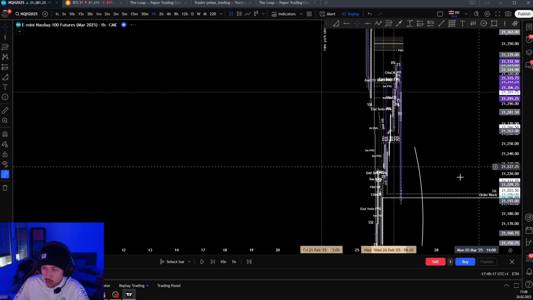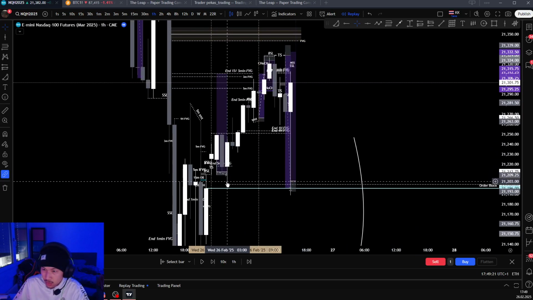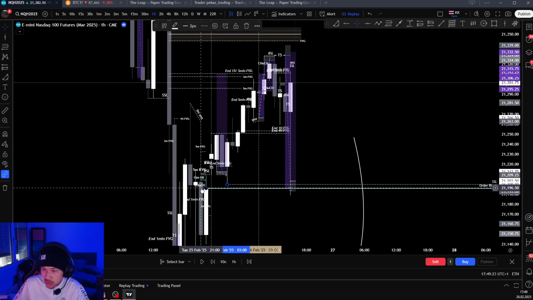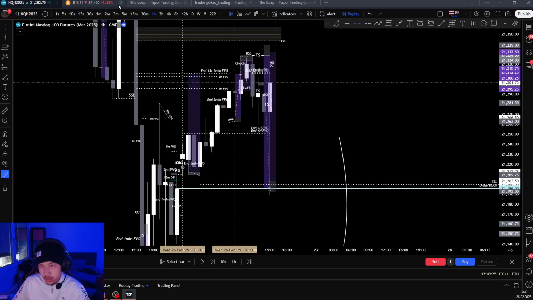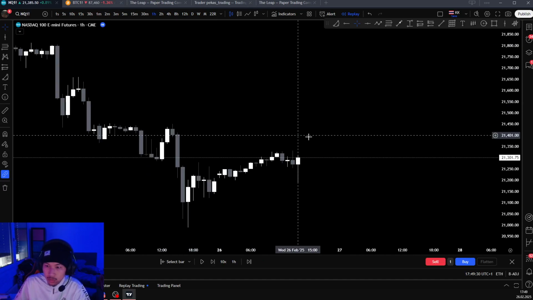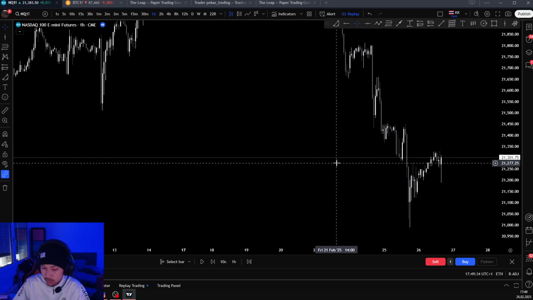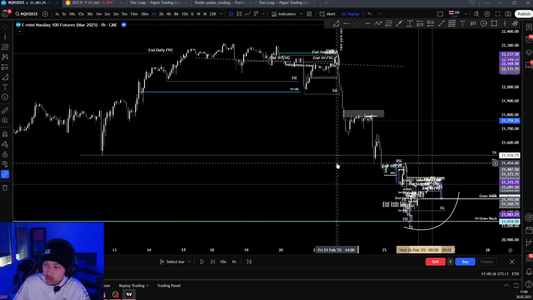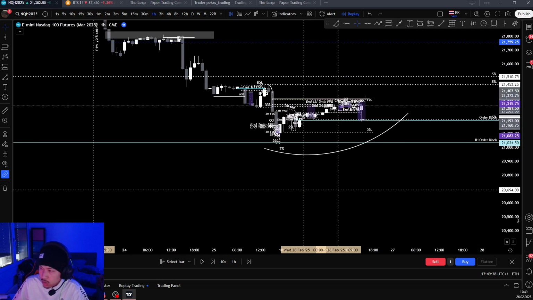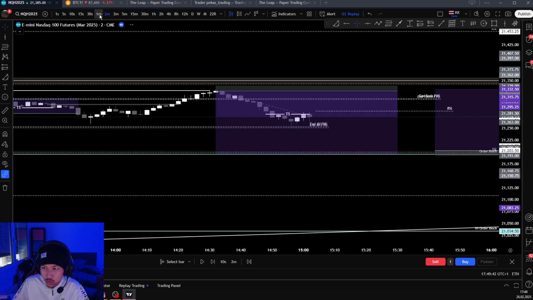I looked at the 1 hourly. We got here sell side liquidity, and here sell side liquidity, and this order block here. Order block acts as a magnet, as everybody knows. Yeah, and then I just marked out this 1 hourly order block, and what happened is we tapped all the way in there.